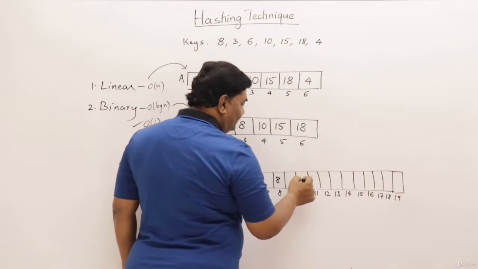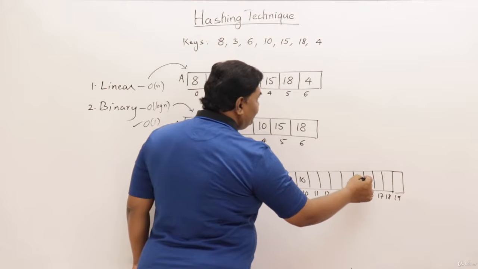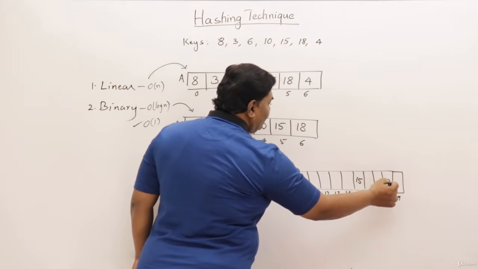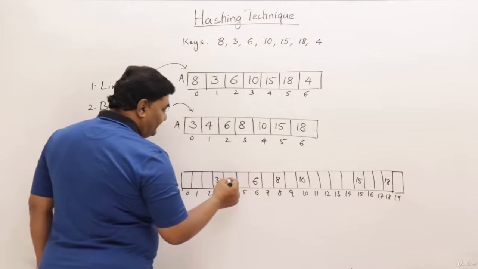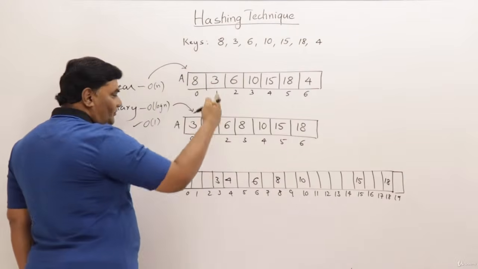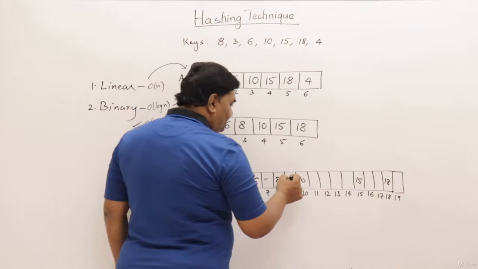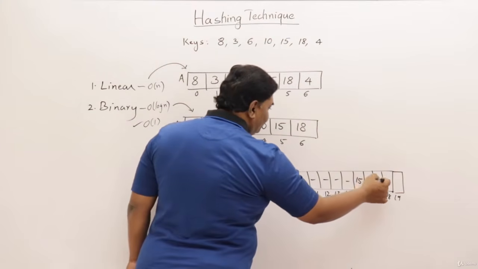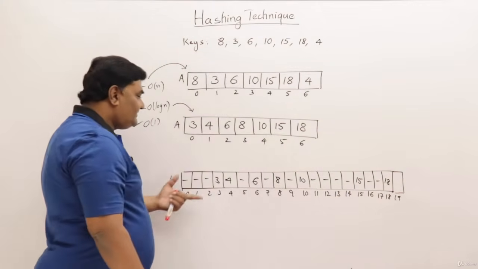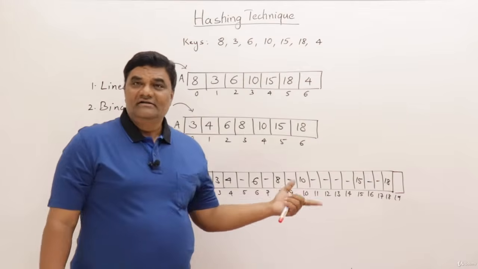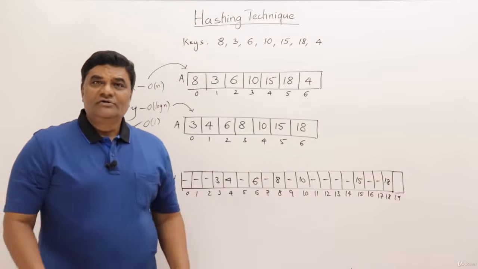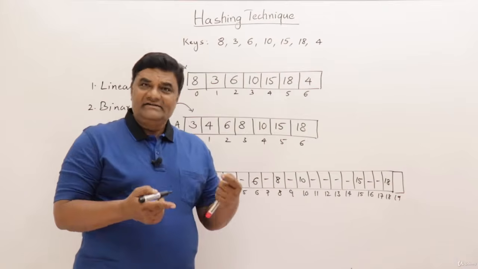Likewise 10, 15, 18 and 4. So each key is stored at the same index. The rest of the indices are empty, they are blank, they don't have any keys. You can put 0 or -1 there to show that keys are not there. So the key itself is made an index and it is stored there.